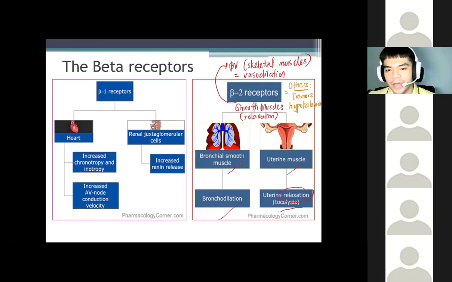Again, other effects brought about by beta-2 receptors are tremors and also hypokalemia. And when we talk of hypokalemia, there is less potassium in the blood. So yan po ang beta-2 receptors.